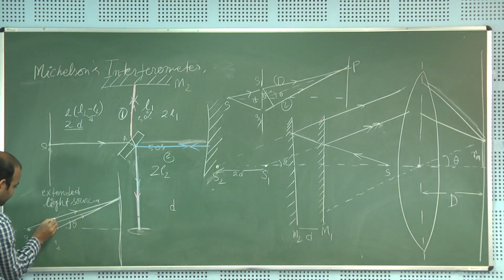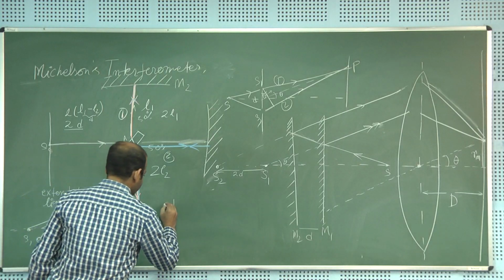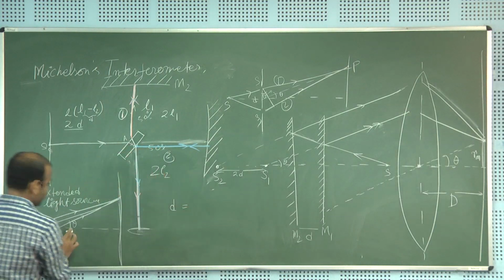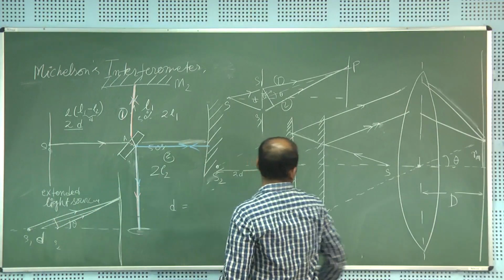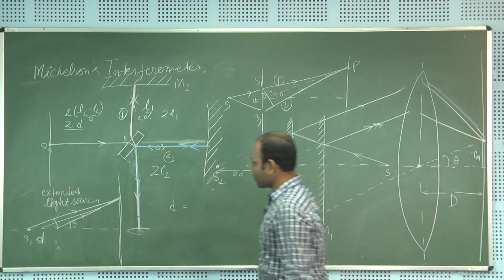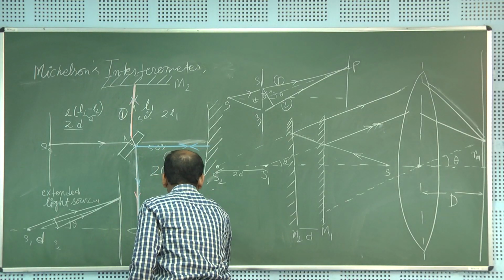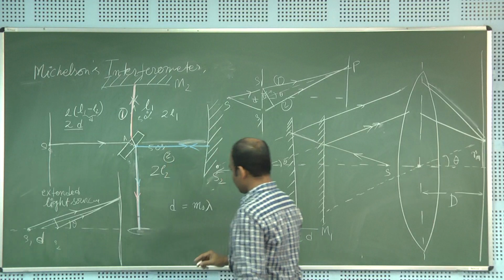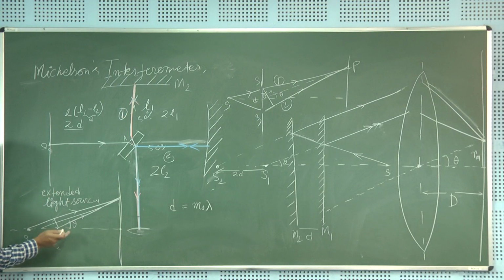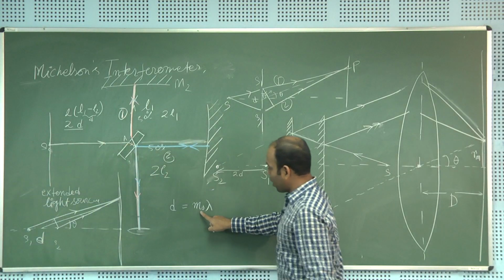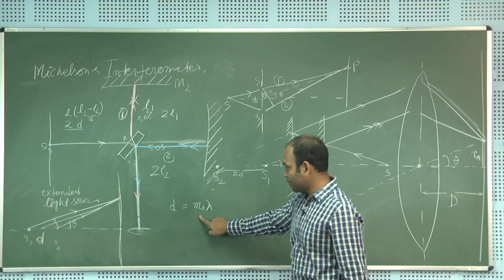This part is the path difference between the two. So, for this problem, please remember that we are doing it for this problem, and then we will apply it here. Here d would be m0 lambda, since at this point if we look at theta equal to 0, this would be the order of the central fringe m0, which here is bright, right.